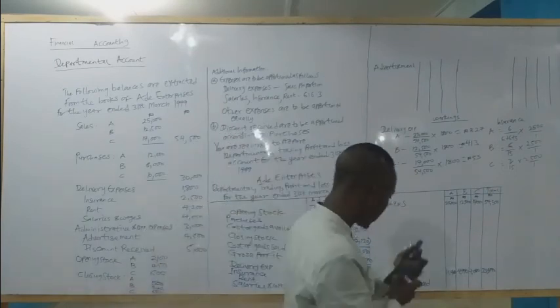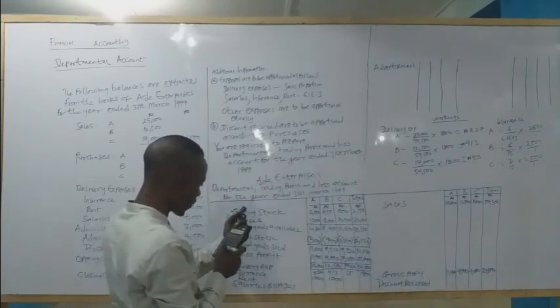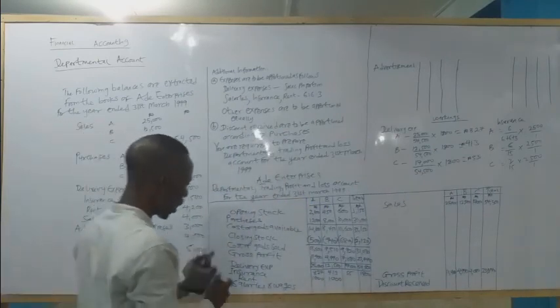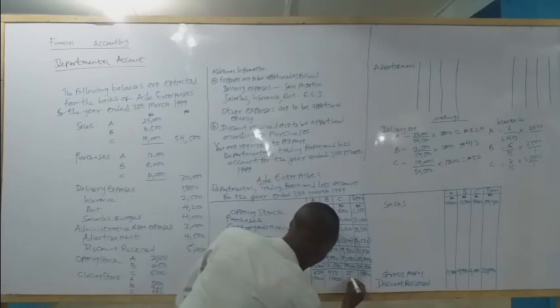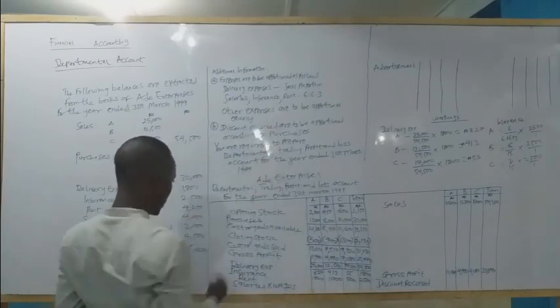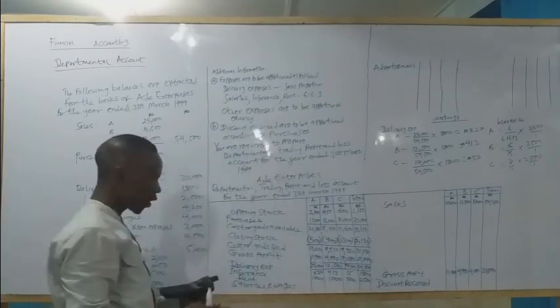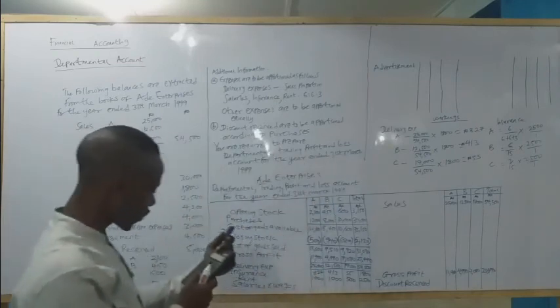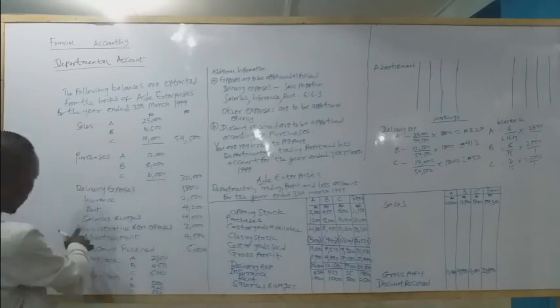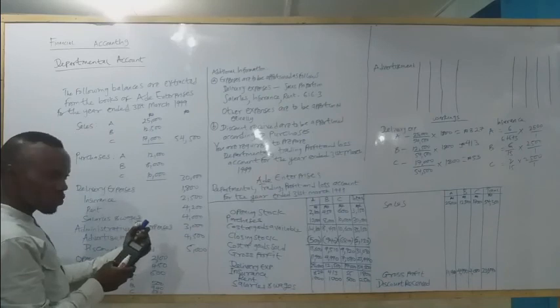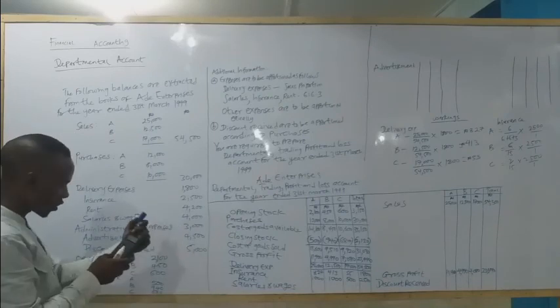Then 3 divided by 15 times 2,500 is 500. So the total is 2,500. So I said we do the same thing for rent and salary. So this is rent. 6 over 15 times 4,200 for Department A.